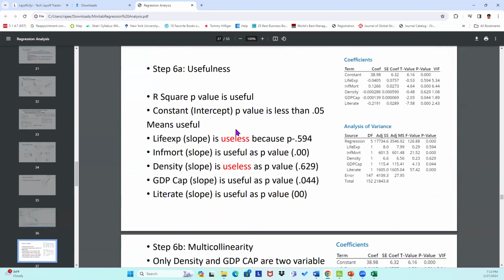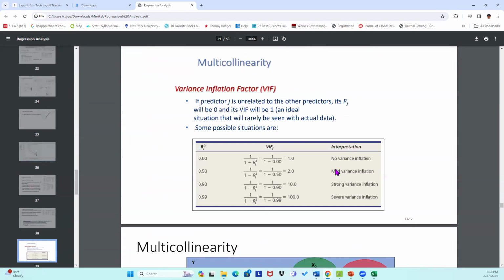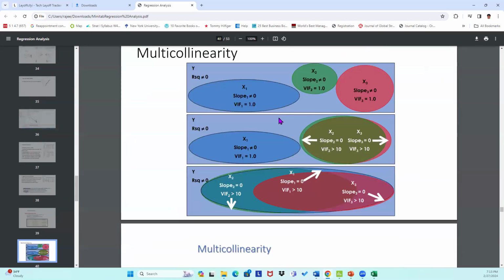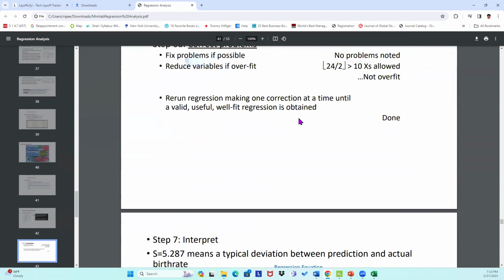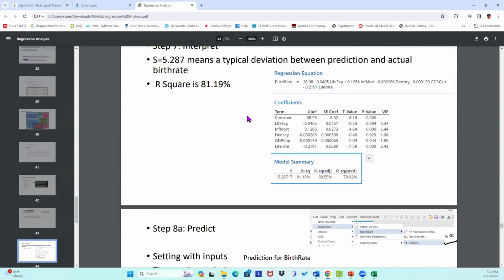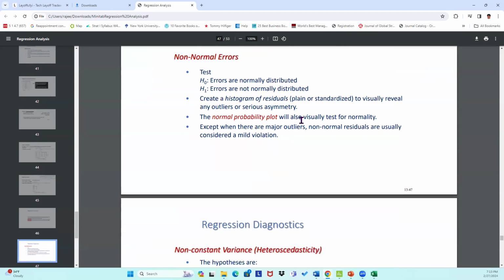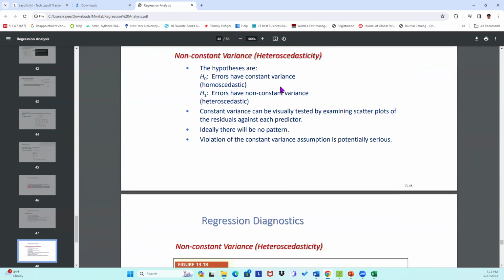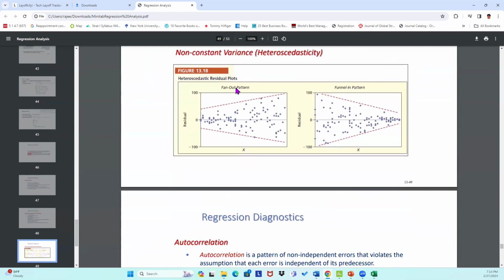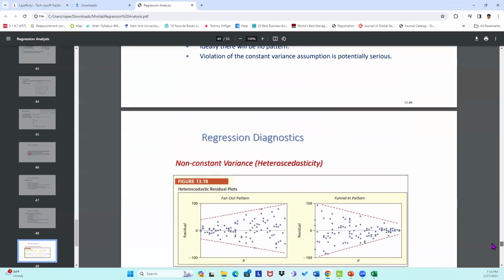Now we come to the Durbin-Watson. I would like to share the Durbin-Watson. We already spoke about multicollinearity, and we already checked homoscedastic and heteroscedastic.